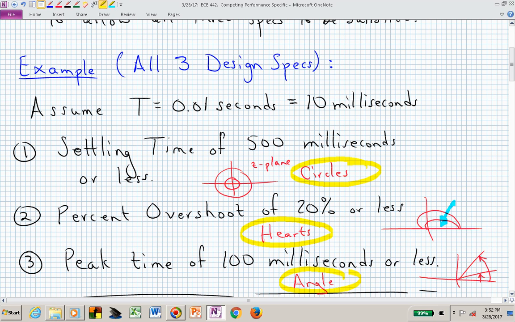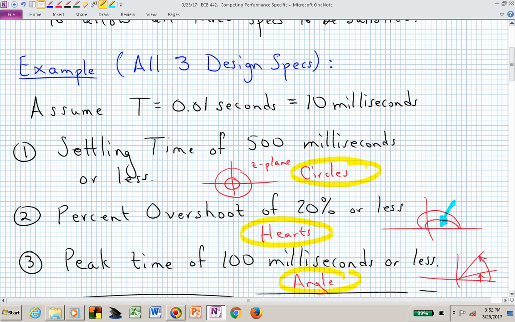Now, with these three, what we would ideally like to have happen is that all three are simultaneously satisfied when we find a settling time of 500 milliseconds, a percent overshoot of 20%, and a peak time of 100 milliseconds. But you can anticipate, because this is our example to illustrate competing performance specifications, that that may not be true.